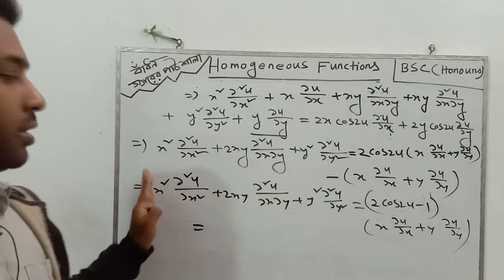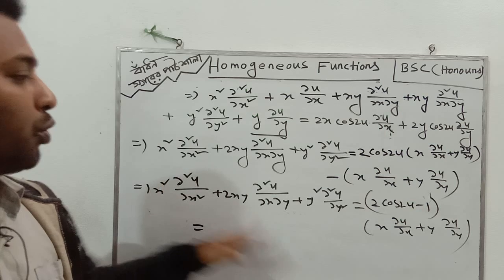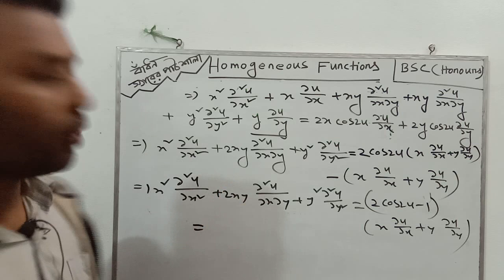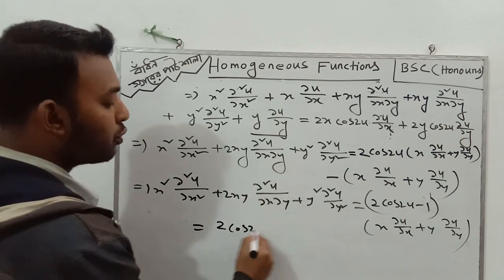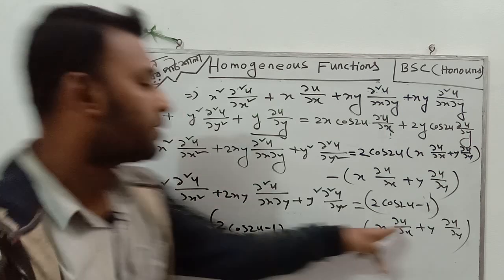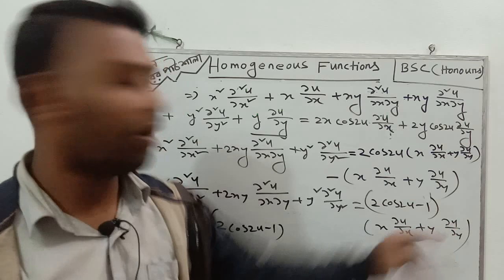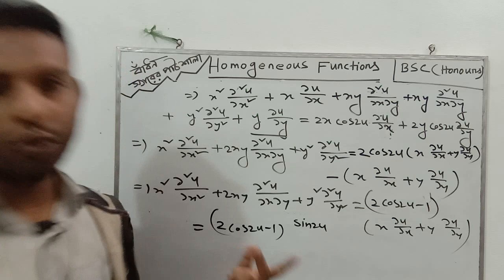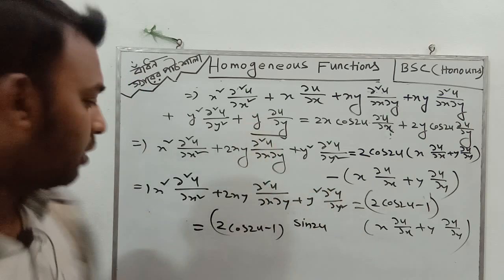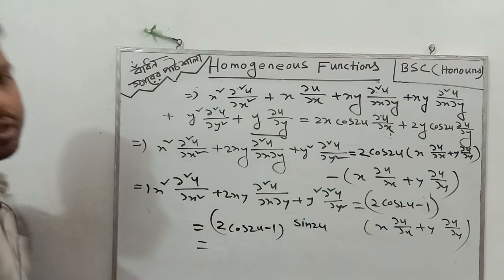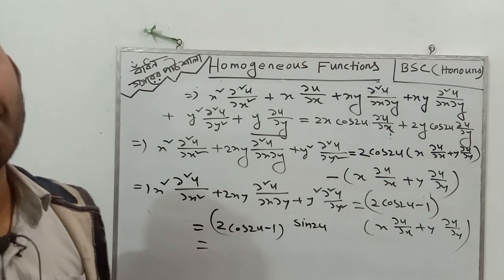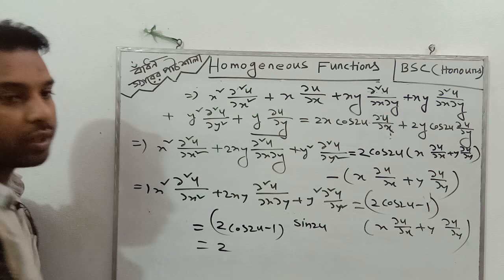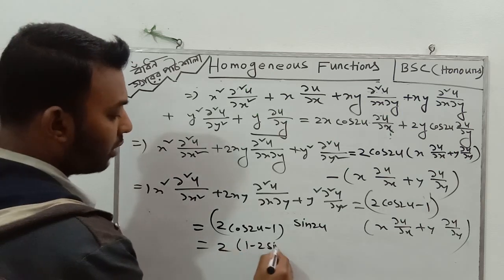Okay, the left side is complete or perfect for proof, but we have to prove the right side. So according to the proof, we can write (2 cos 2u minus 1)(x ∂u/∂x plus y ∂u/∂y). This is equal to, we know, sin 2u from number 1. Now we have to make this in the form of sines. cos 2θ is equal to 1 minus 2 sin² θ.